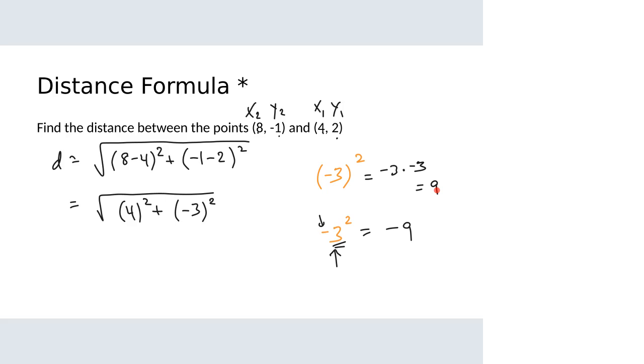So we want to end up with a positive number after we square. That's just a little bit of a side note there real quick that we're squaring everything inside the parentheses so that negative 3 times negative 3 ends up with a positive 9.